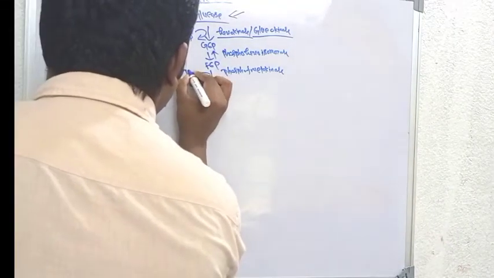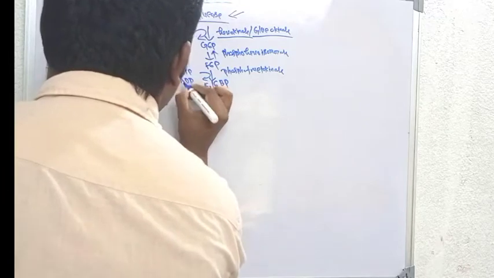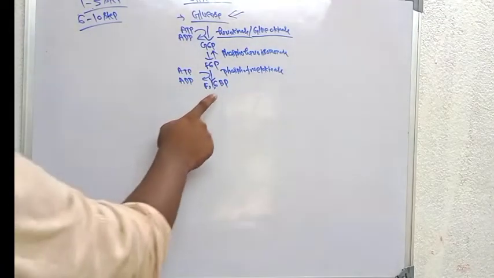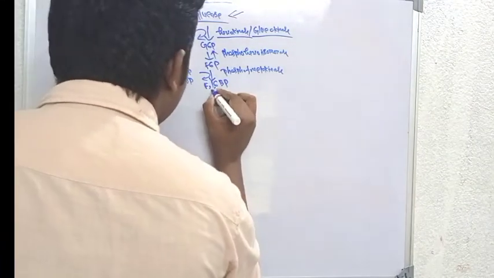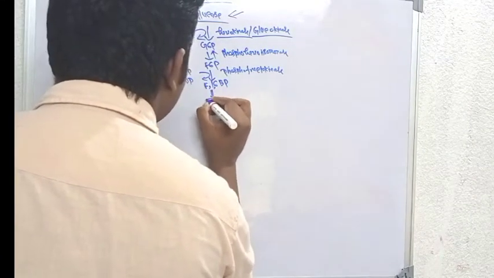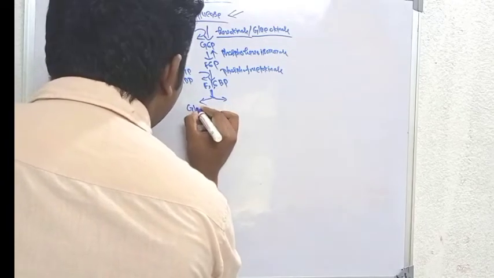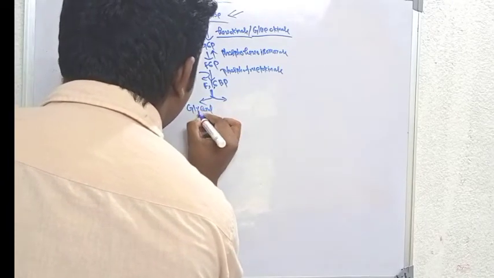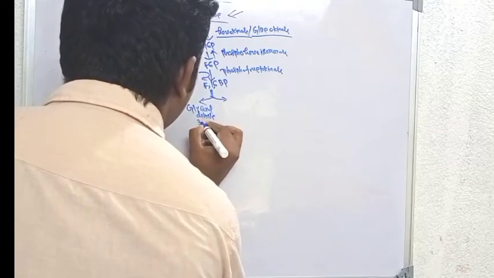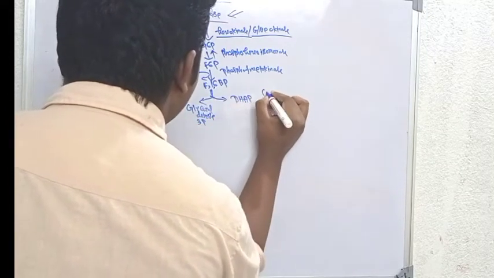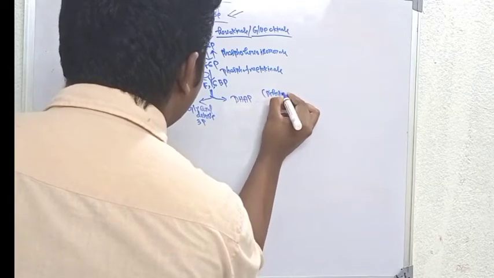So here ATP is converted into ADP, adenosine diphosphate. Fructose 1,6-bisphosphate breaks into glyceraldehyde 3-phosphate and DHAP, dihydroxyacetone phosphate.